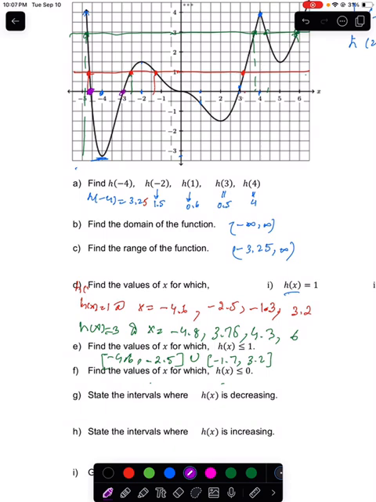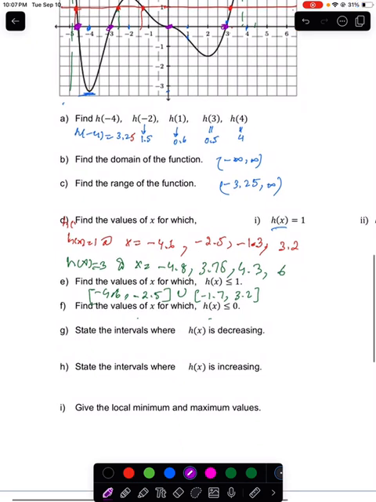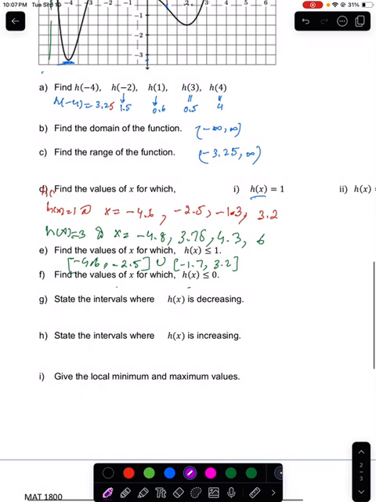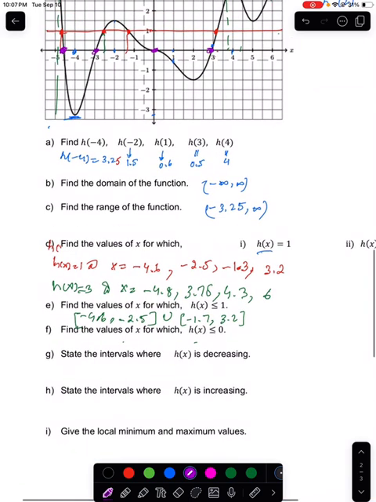So this will be below the x-axis between negative 4.6... No, actually here it will be negative 4.5, cannot be the same as the previous one. Negative 0.5 to negative 3, union, then from 0 to 3.